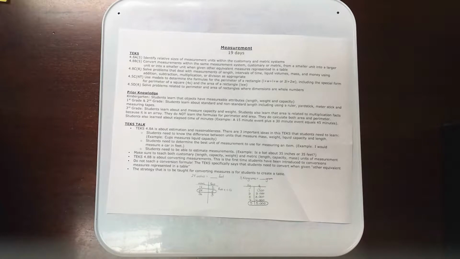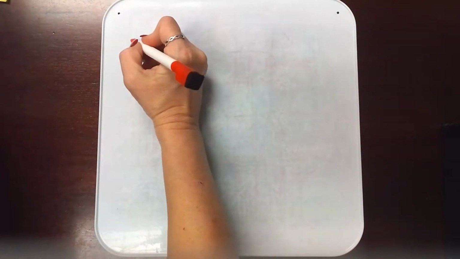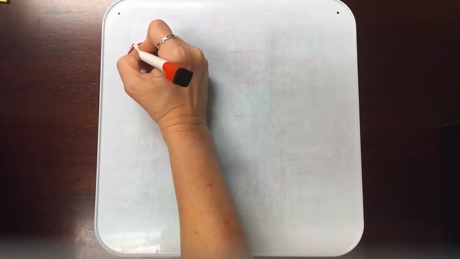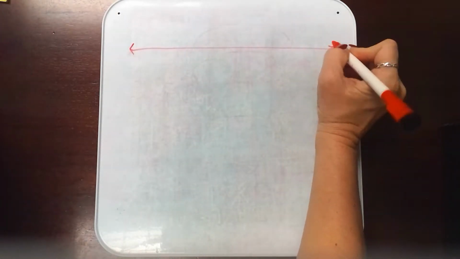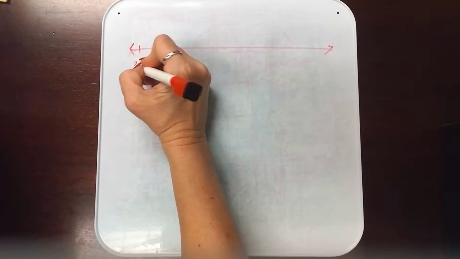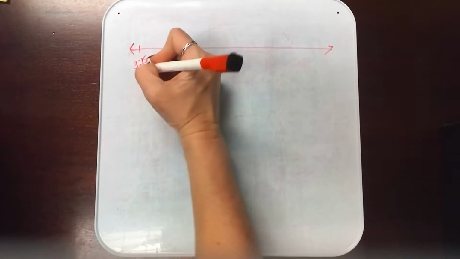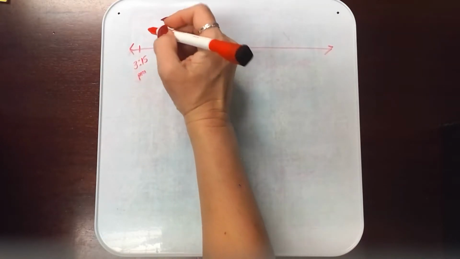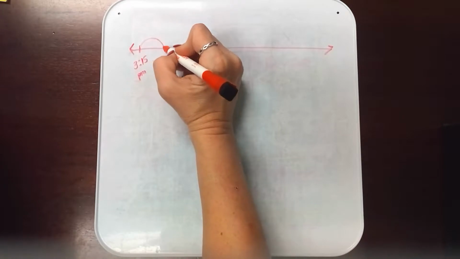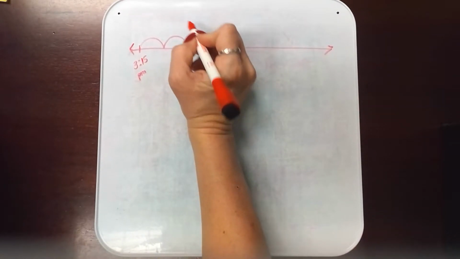Now elapsed time in 3rd grade was taught, but it was just taught like, let's say, Tommy started his homework at 3:15 p.m. He did his math homework for 25 minutes.